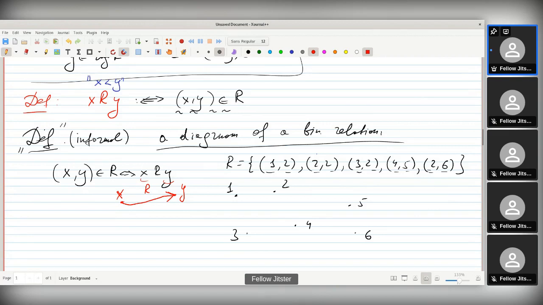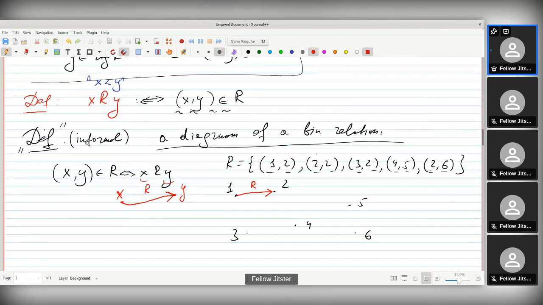We have a pair 1, 2. So we need an arrow from 1 to 2. If we want to depict more than one relation in one diagram, you should use letters to label each binary relation. So you want to say that 1, 2 belongs to R, so that's why you can label your arrow with the letter R. What about 2, 2?